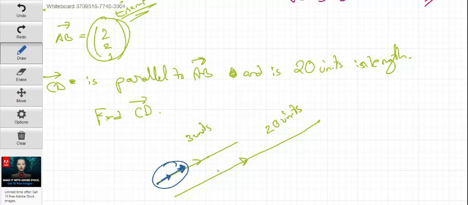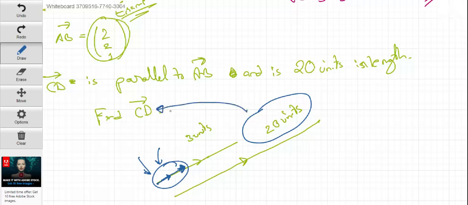So we'll find the unit vector of AB, multiply it with 20 so that we can find the vector which is 20 times longer. In our case, that vector comes out to be CD.